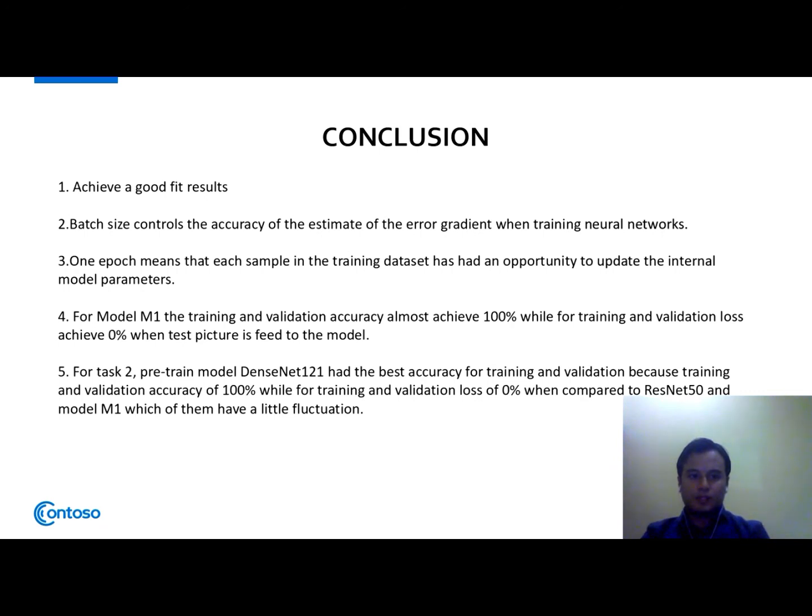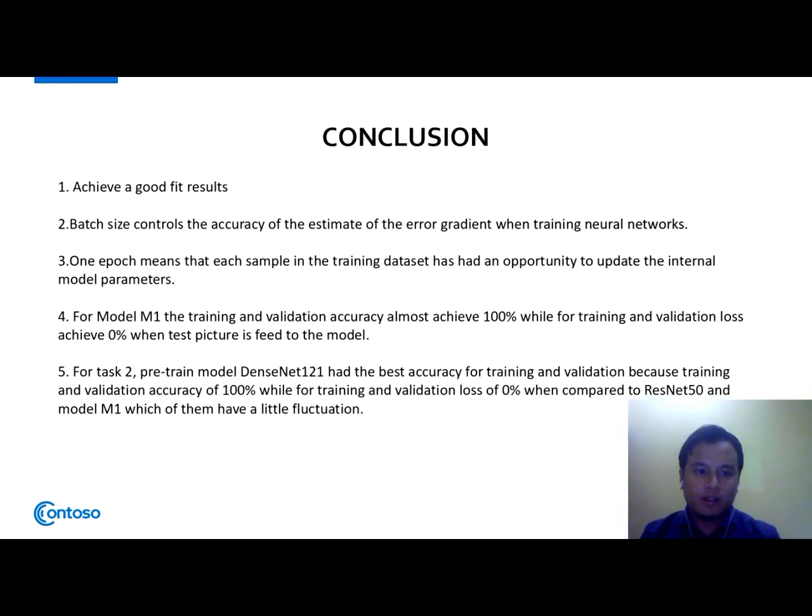One epoch means that each sample in the training data set has had an opportunity to update the internal model parameters. So an epoch is comprised of one or more batches. The number of epochs that we found suitable was 20.